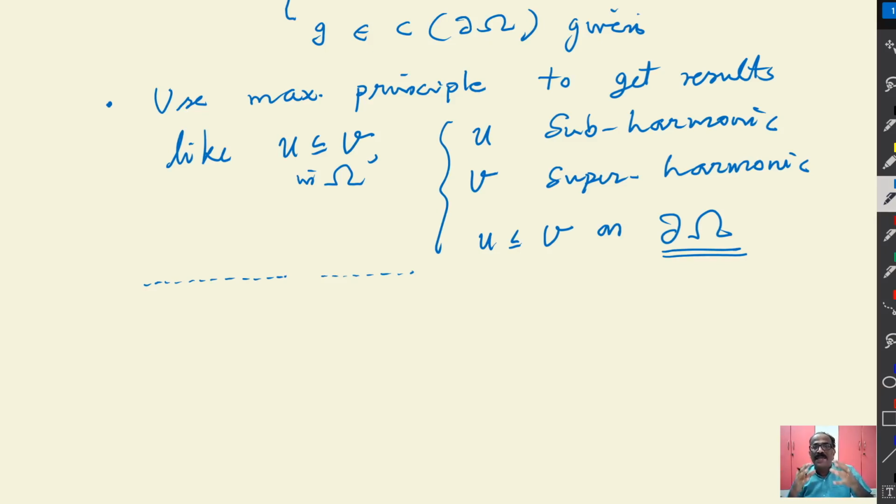The basic idea is to look for all sub-harmonic functions satisfying u less than or equal to g, the boundary value, and then expect the maximizing one to become not only a sub-harmonic function but a harmonic function satisfying the boundary conditions.